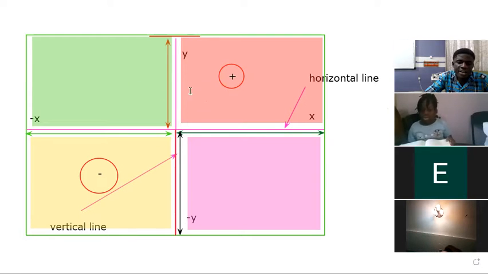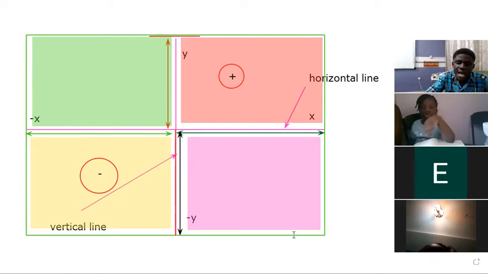It is positive here because the Y line, that is the line from the center to up here, is positive. And then the line from the center to the right side, to the X line, is also positive.